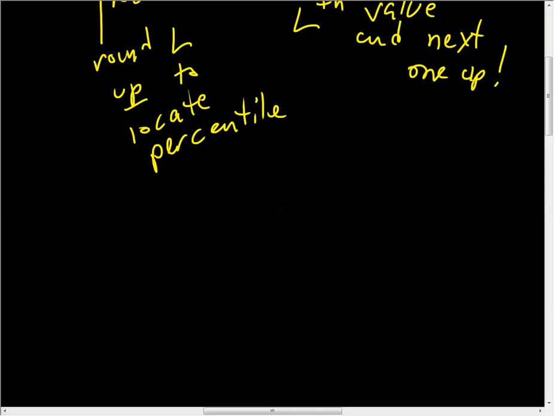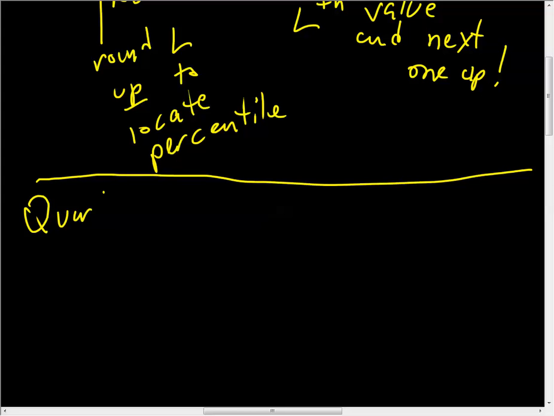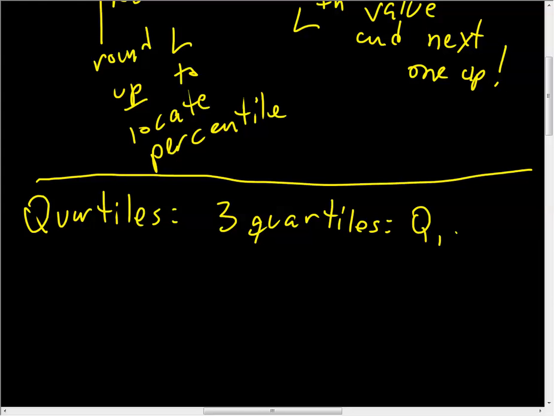What I want to talk about now is quartiles. Now the formal definition of quartiles is this. There are 3 quartiles, namely Q1 and Q2 and Q3.